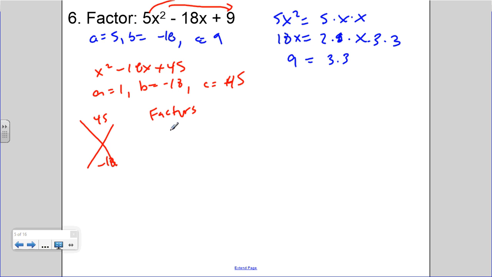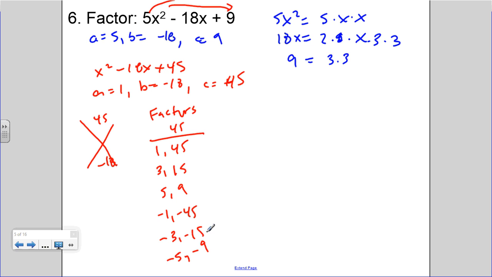Find the factors of 45. 1 and 45, 2 doesn't go into it, 3 goes into it 15 times. I forgot about the negative ones. We know that 5 goes into it 9 times. So negative 1, negative 45, negative 3, negative 15, and negative 5, negative 9.